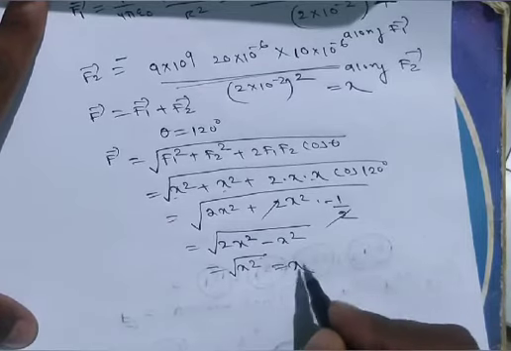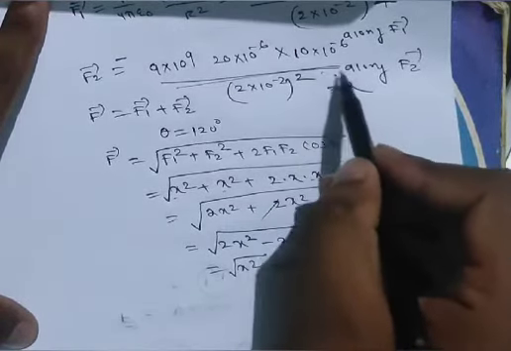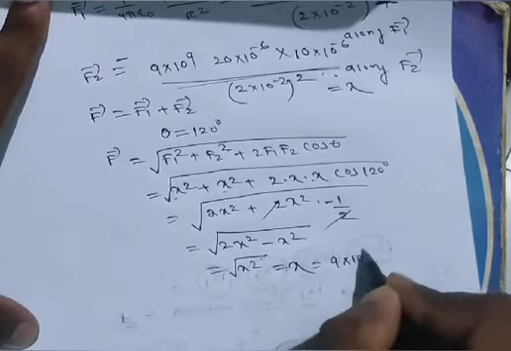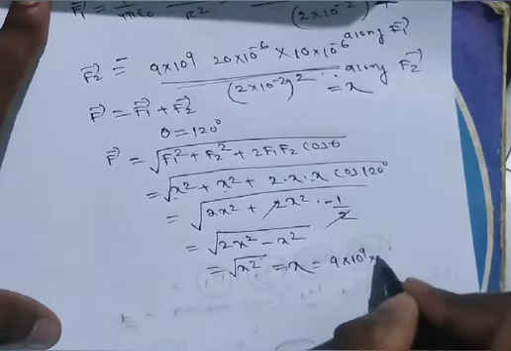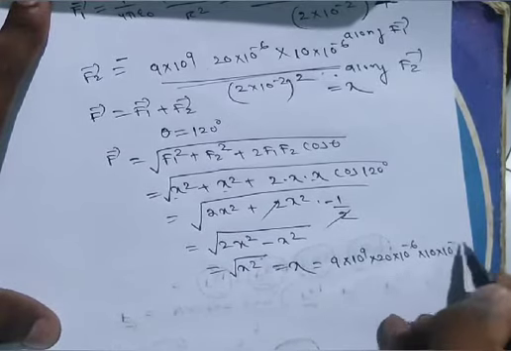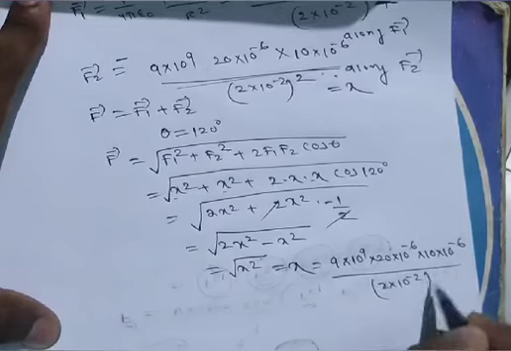And what is the value of x? We already considered this value: 9 into 10 to the power 9 into 20 into 10 to the power minus 6 into 10 into 10 to the power minus 6, divided by 2 into 10 to the power minus 2, whole square.